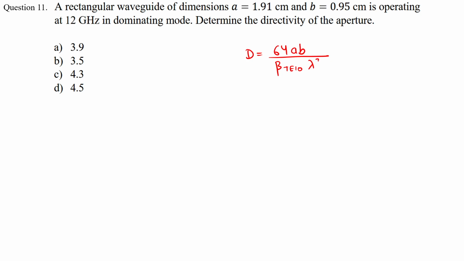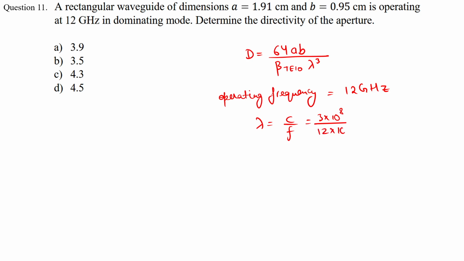times lambda cube, and the operating frequency we know is given as 12 gigahertz. The operating wavelength we can find out by c by f, 12 into 10 to the power 9.